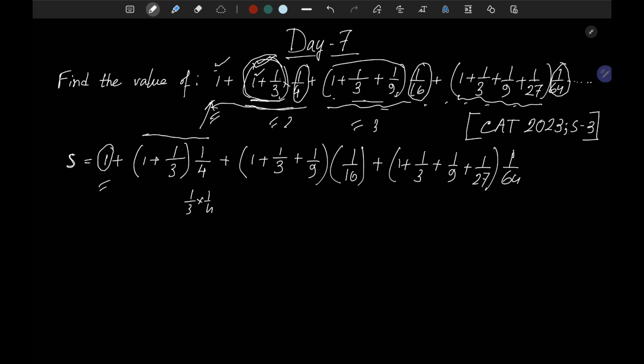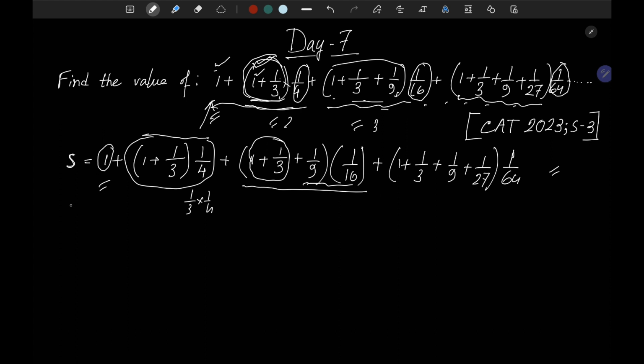Similarly, if we multiplied the second term by 1 by 4 and subtracted it from this one, this part would go out and the remaining part would be 1 by 9 into 1 by 16. So we can intuitively see that another GP series is forming when we subtract one term from the previous term of this series.